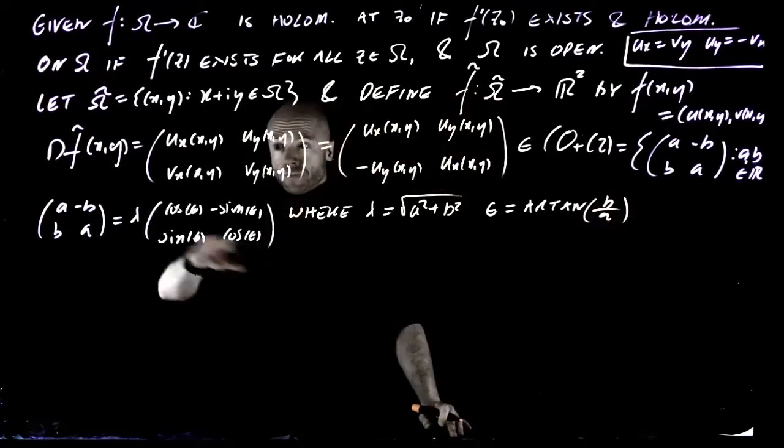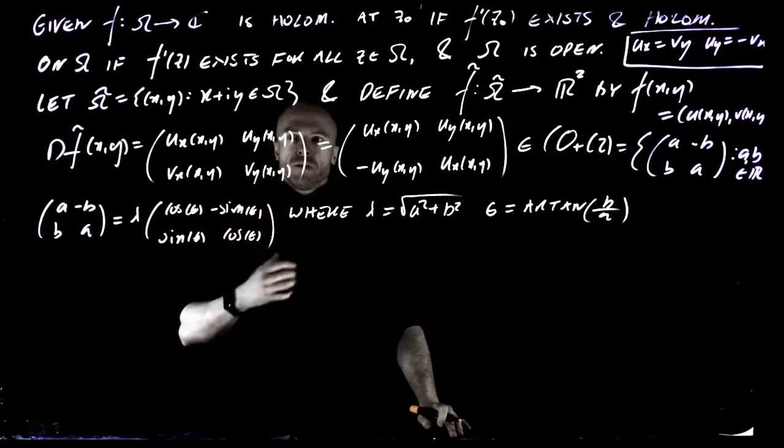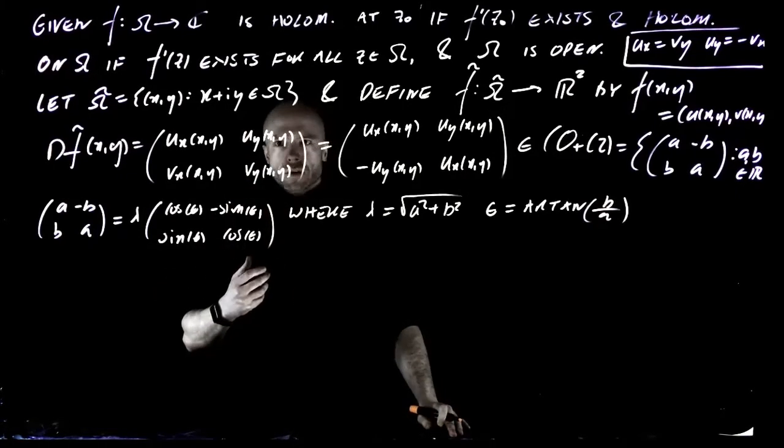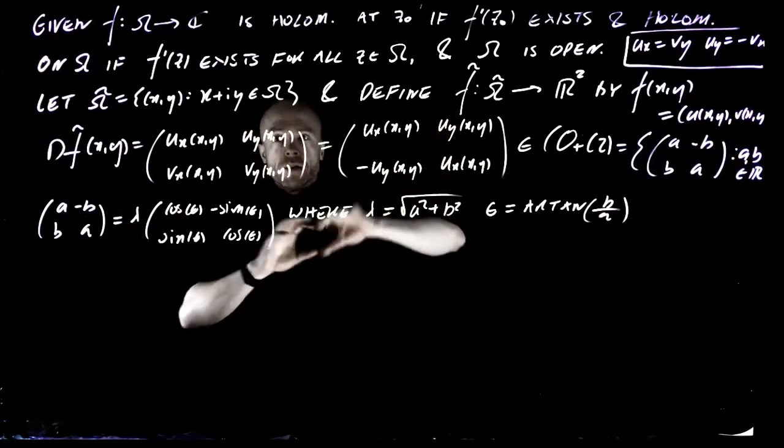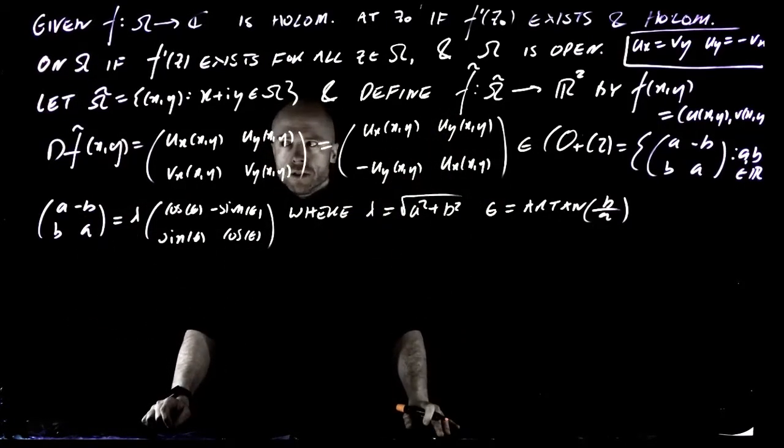These are very special matrices with very special properties. They are just rotations times a dilation. It's going to stretch or shrink and then rotate the plane. That's all these guys do.